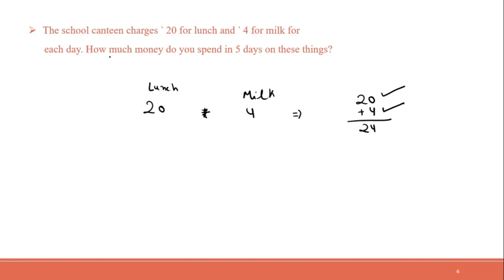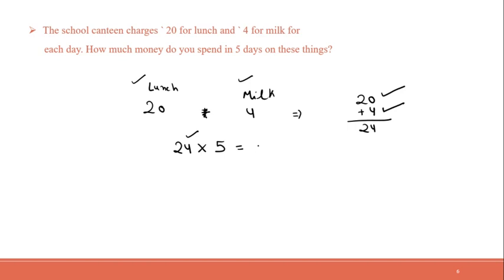But the question is asking how much money do you spend in 5 days on these things? If you want lunch and milk for 5 days, what will you do? Either you can take this 24, because 24 is for one day, so I want it for 5 days, so I just multiply it with 5.